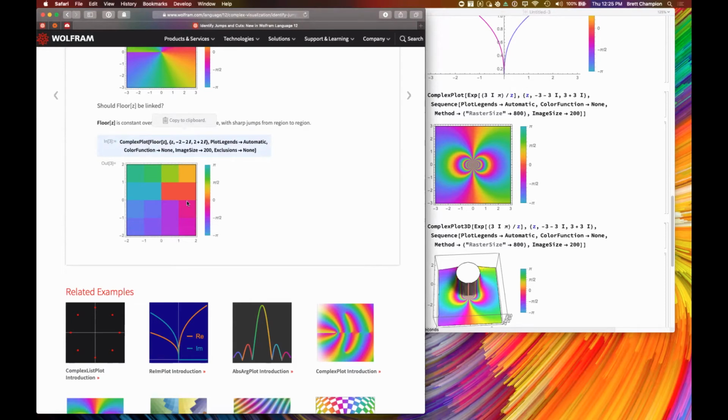And so that's interesting. These two blocks look like they're the same, but it's just that the color function doesn't distinguish between those necessarily well. There is actually, I believe, a small difference in those colors.